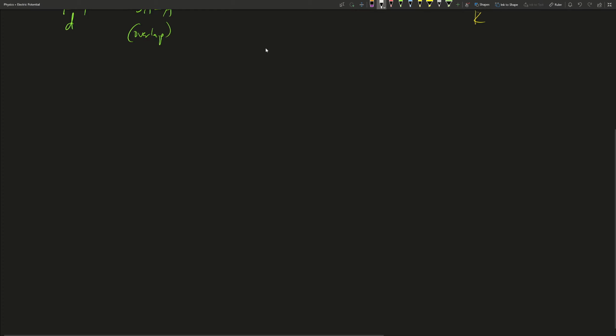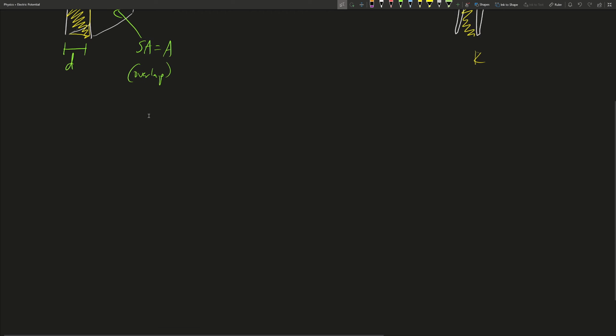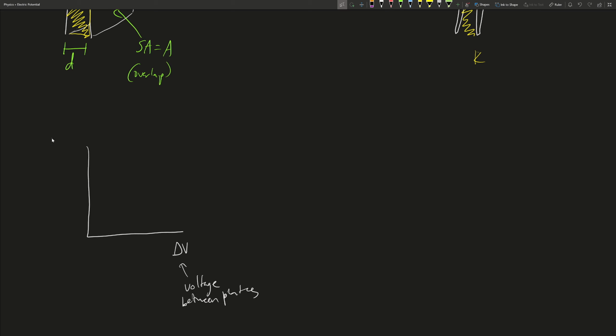When you have this parallel plate capacitor, and you draw a graph of the voltage difference, which is the potential difference between the plates, and then you have Q, which is the net charge on each plate. This is not the total charge difference, but the net charge on each plate.